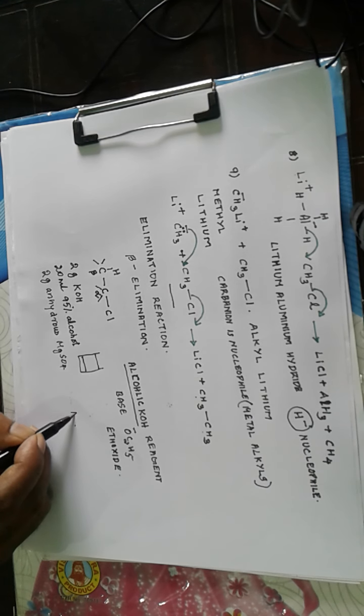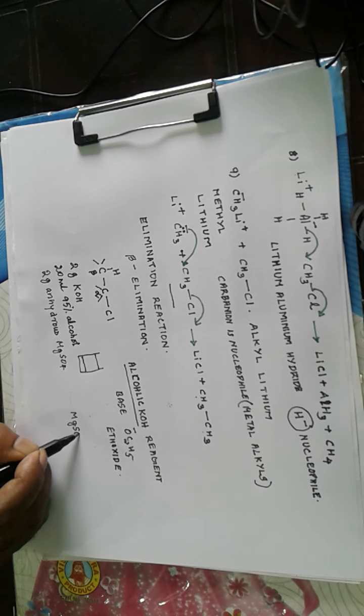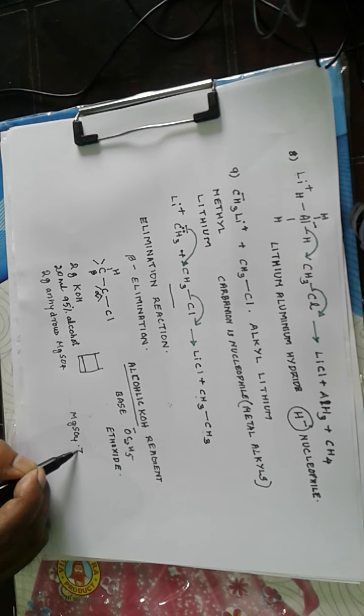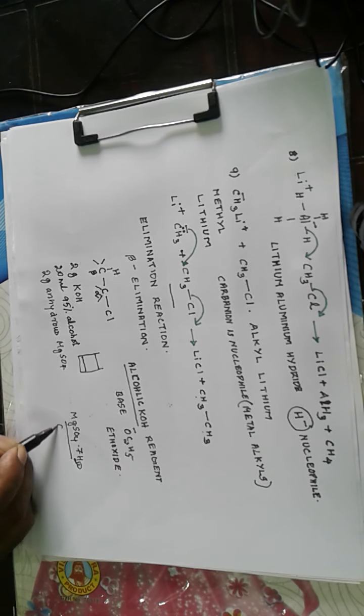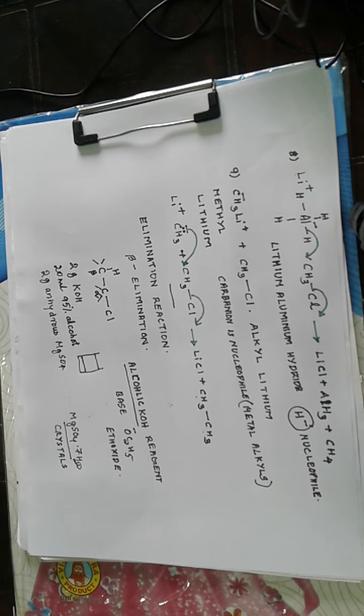So MgSO4·7H2O is the formula of crystals of magnesium sulfate. Anhydrous means there is no water of crystallization. So anhydrous magnesium sulfate can absorb water from a medium.